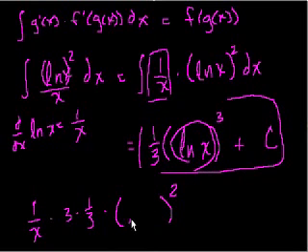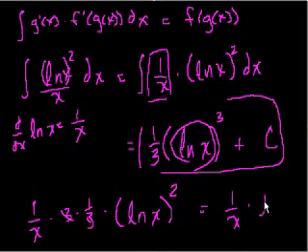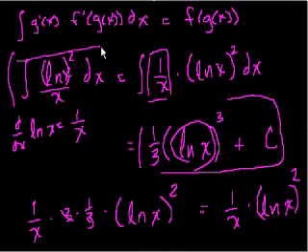So then the whole thing is ln of x. And then, of course, plus 0, right? The derivative of c is 0. Well, the 3 cancels out. This is equal to 1 over x times the ln of x squared, which is our original problem.